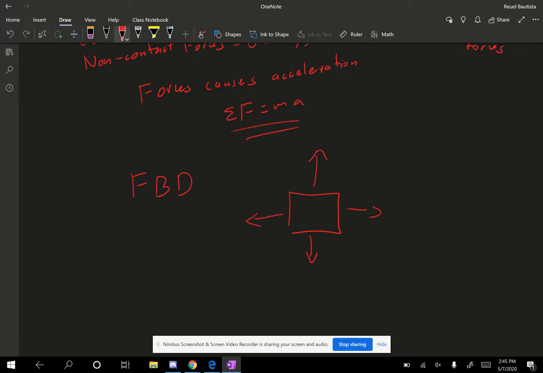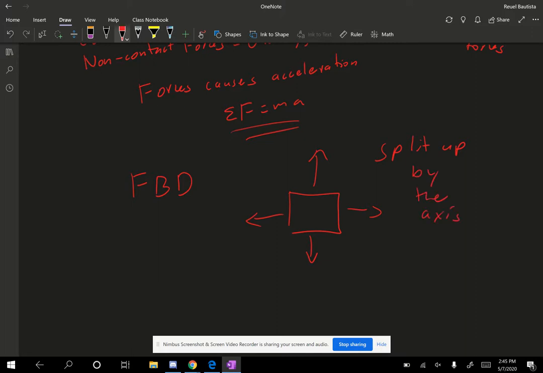This is pretty much the entirety of physics: we're always going to split up our problems by the axis.